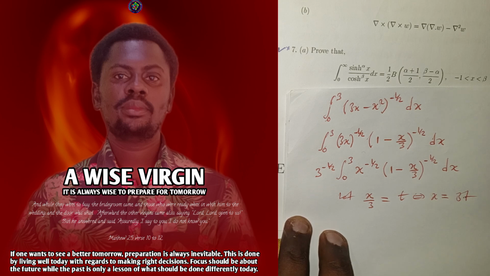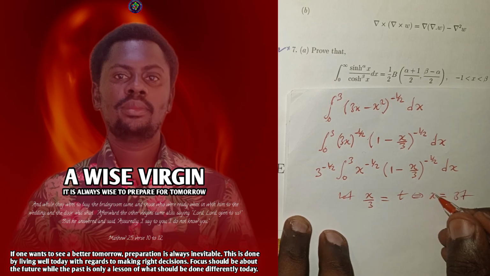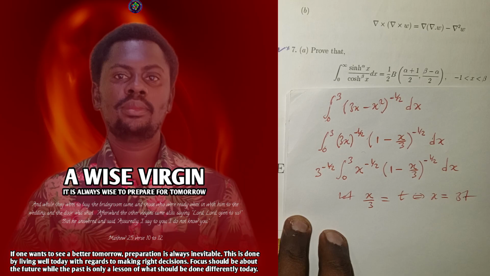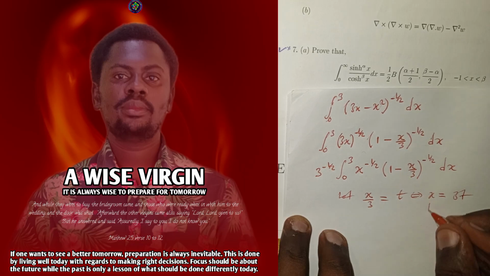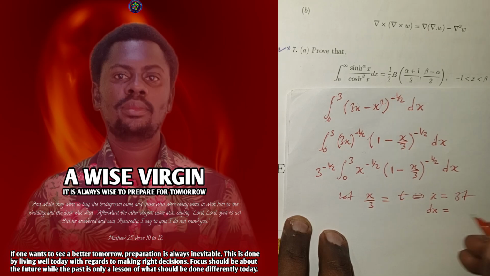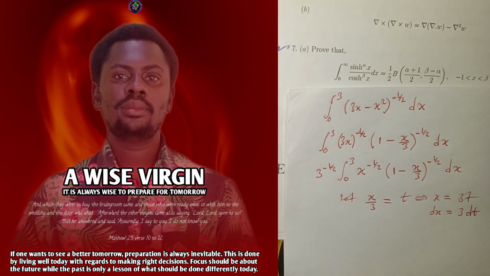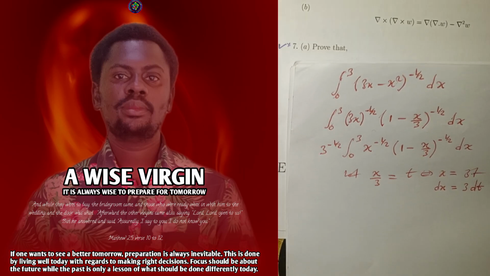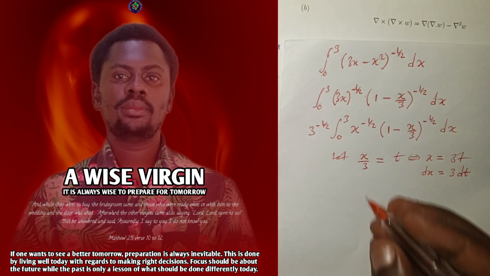Then we need to differentiate, because we also need to change dx. What's the derivative of x? It is dx. The derivative of 3t with respect to t is 3, then you multiply by dt. If you change the variable, you should also change the limits.